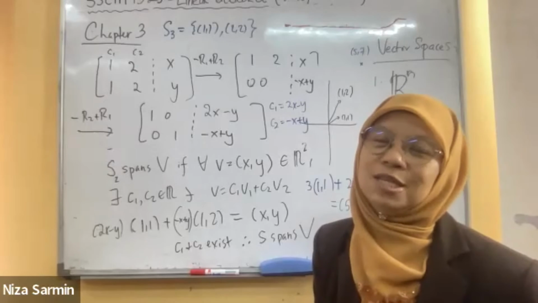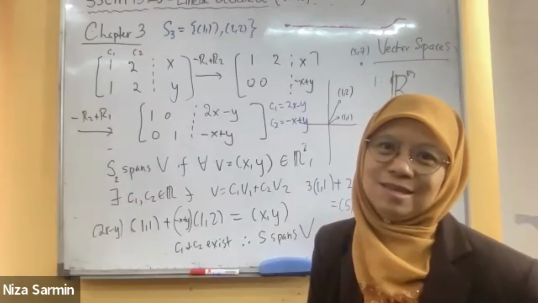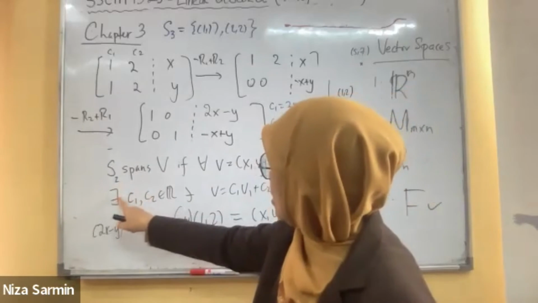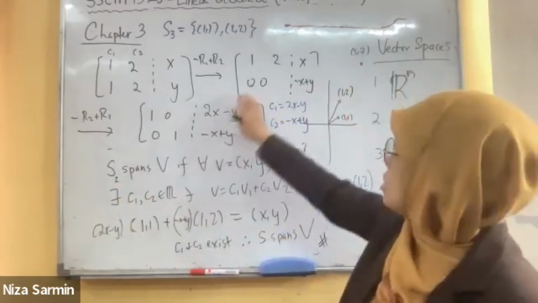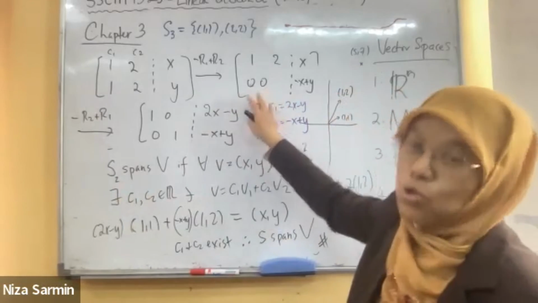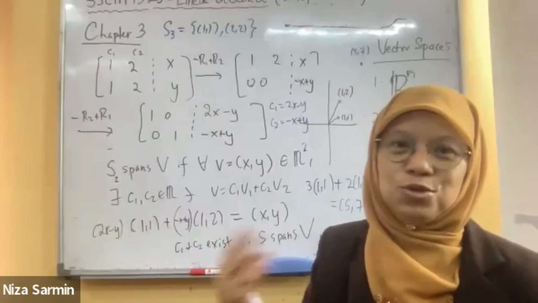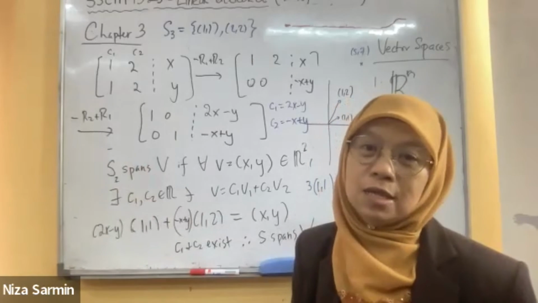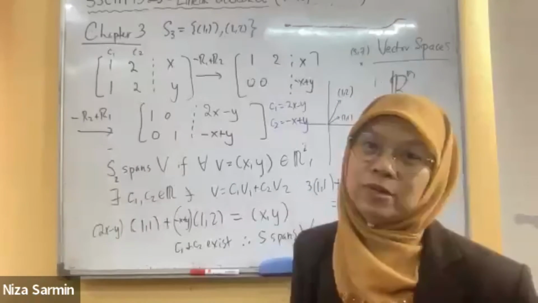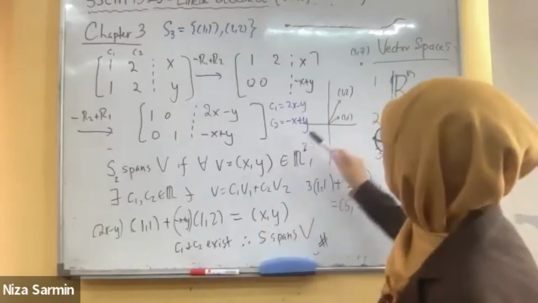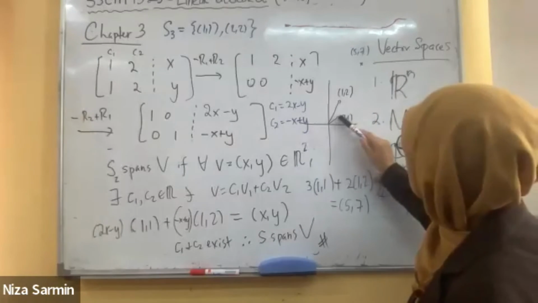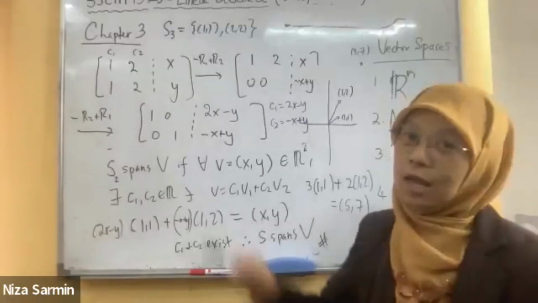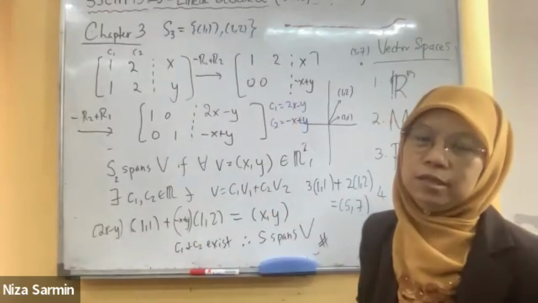So C1, C2 does not exist, because this system is inconsistent, or you can use the rank, it's 1, not 2. Then the answer will be S does not span V. If you draw (1, 1) is here, (2, 2) is here, so the spanning is the whole line. It won't span anything outside.